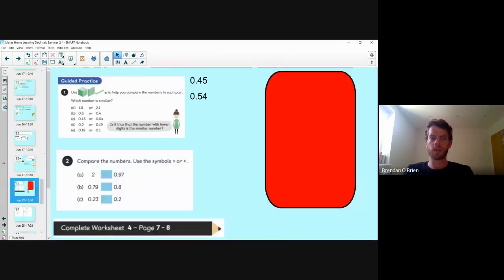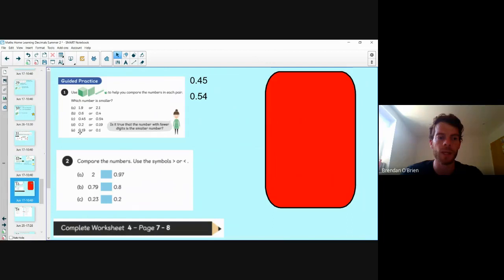Okay, we're going to move on and we're going to look at some of this guided practice. The first question here, use our whole blocks, our tenth blocks, our hundredth blocks, and our thousandth blocks to help you compare the numbers in each pair. Well, I don't think many of us will have those blocks with us, but what we can do is think about some of the strategies just used there and changing those values to fractions, either as tenths or as hundredths, okay?